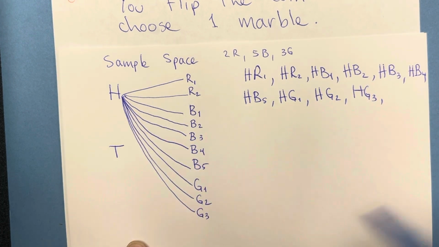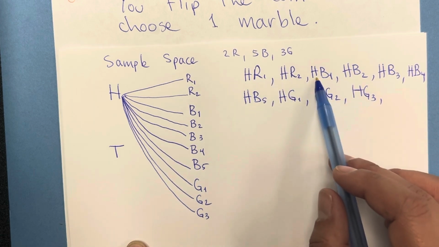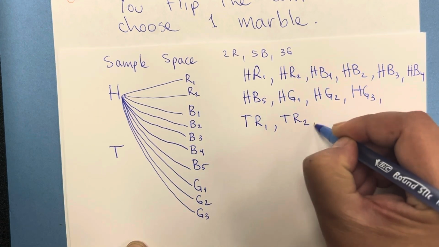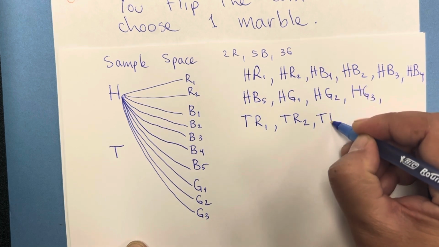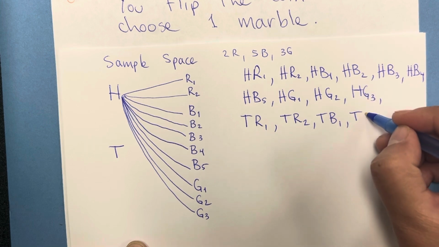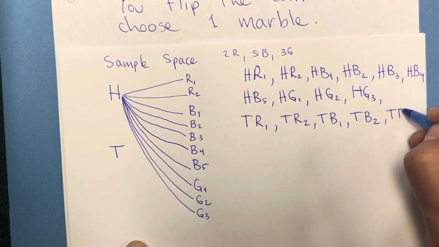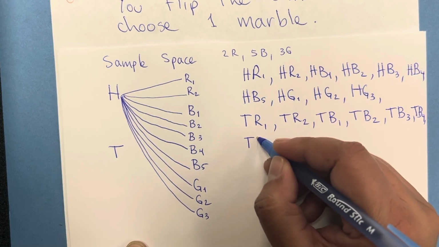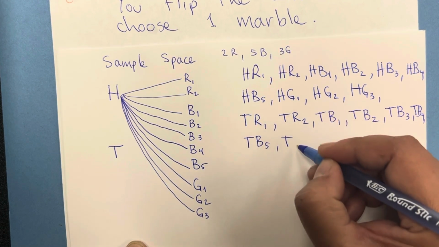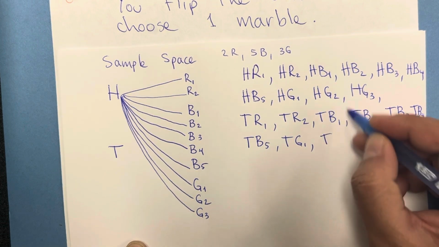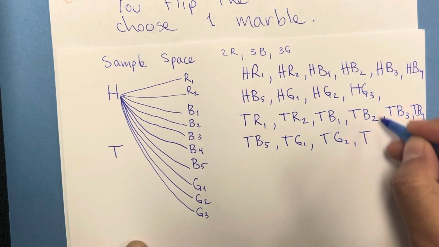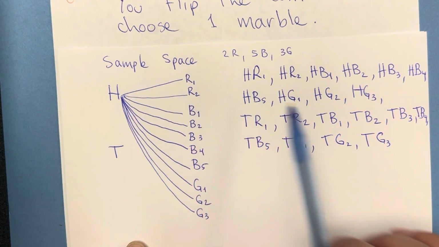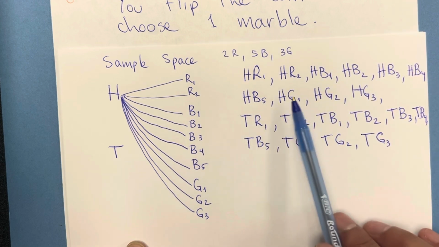So you can actually, just by looking at the pattern, do the same thing, but replace the H with T. So tails with the first red marble, tails with the second red marble, tails with the first black marble, tails with the second black marble, tails with the third black marble, tails with the fourth black marble, tails with the fifth black marble, tails with the first green marble, tails with the second green marble, and tails with the third green marble.